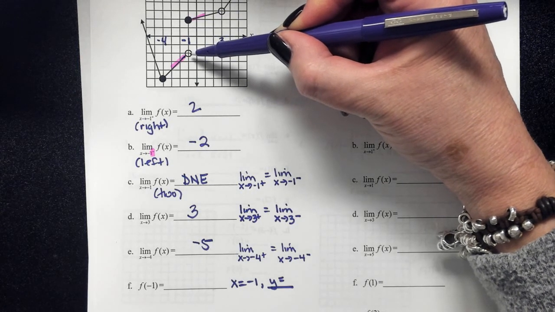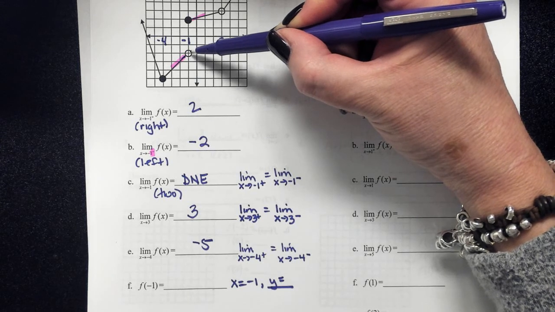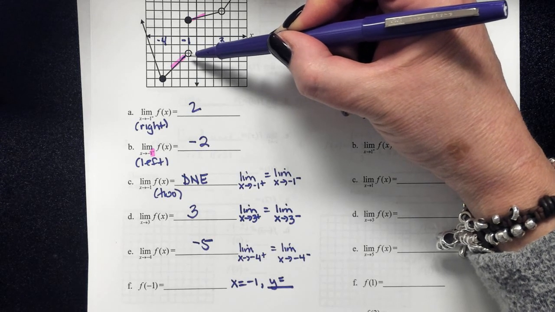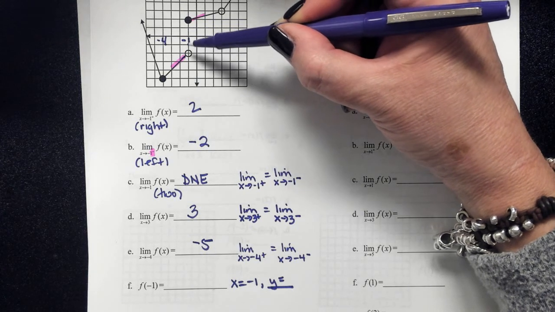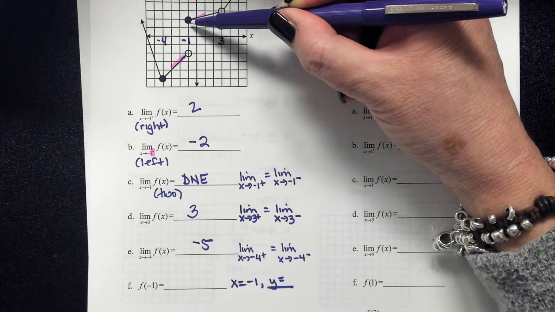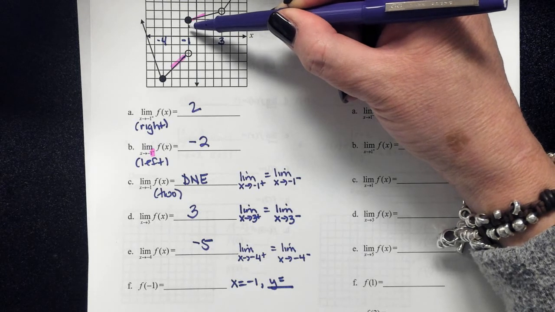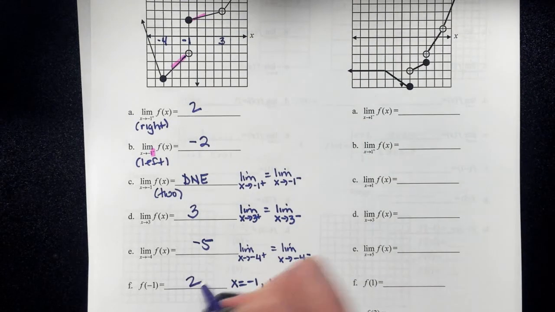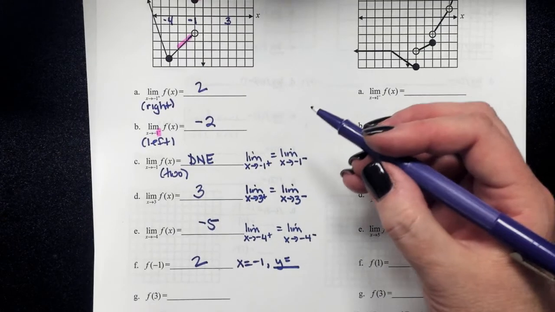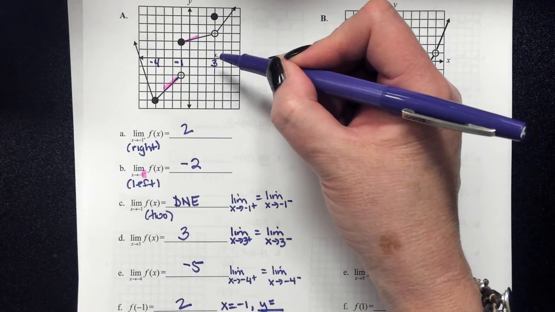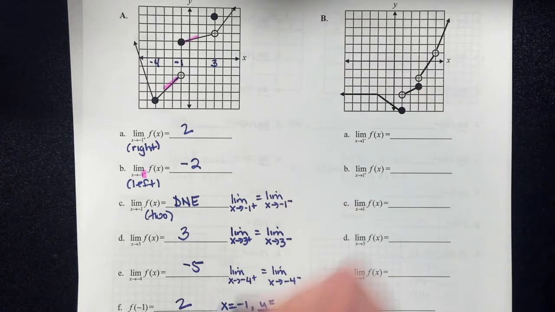It's included or not included. So when I talk about what it's equal to, I want to be looking at the closed circle. So when x is equal to negative 1, what is the defined value? 2. What about f of 3? When x equals 3, what's the y value? 5.